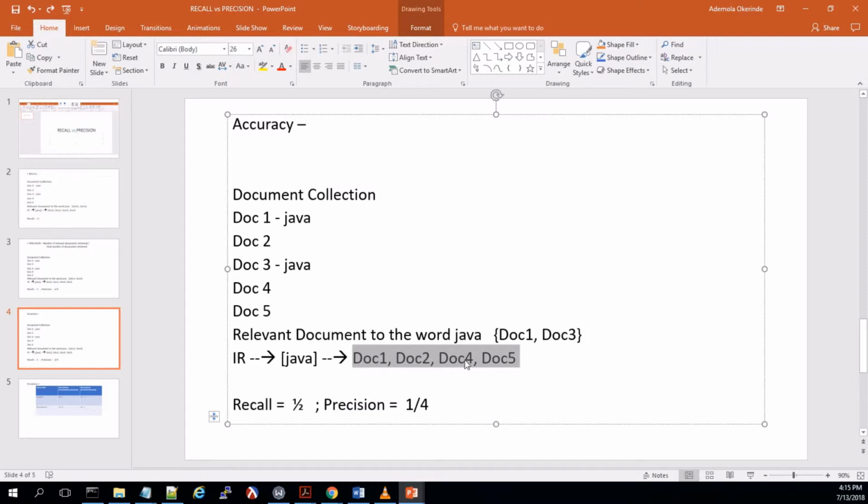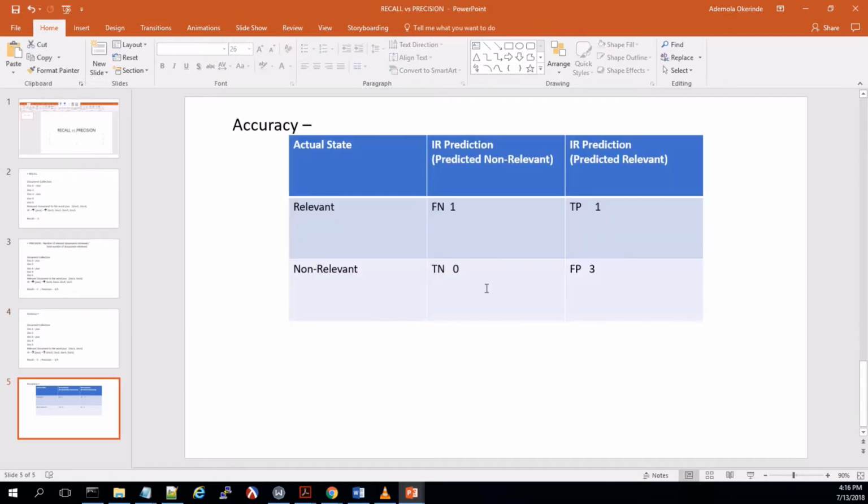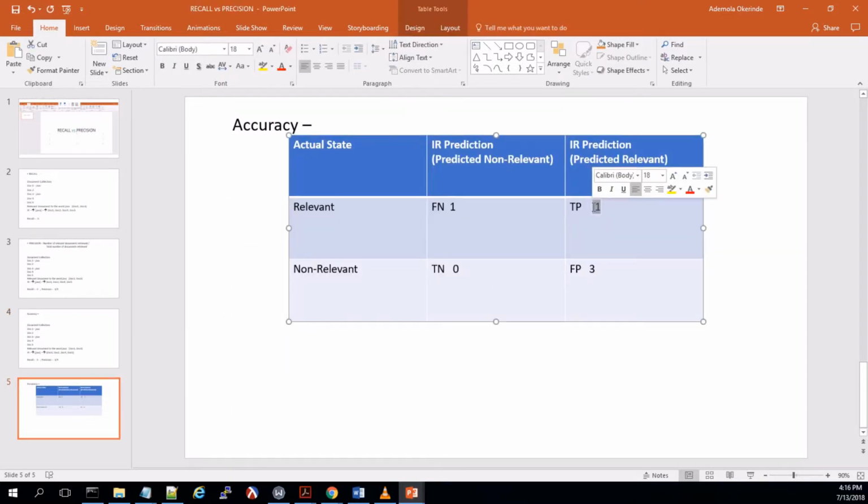How many intersections do we have here? The intersection that we have is just one. Document 1 is relevant in our actual judgment, and document 1 is also present in our predicted judgment. So the number of true positives is 1. Then we look at true negative.